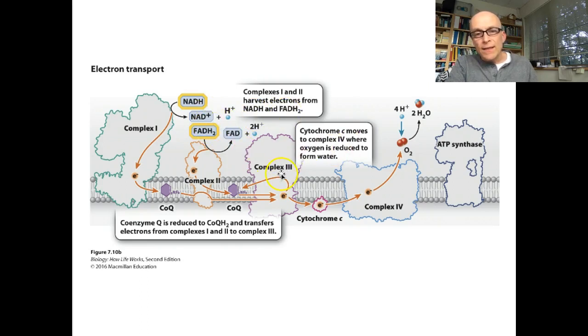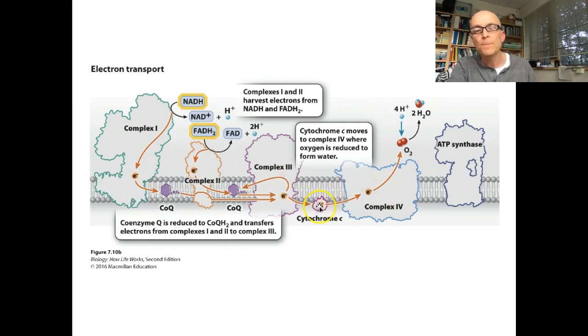So then this little guy in between, cytochrome C, moves to complex 4, where oxygen is reduced to form water. And when I say it moves to complex 4, it really means it takes the electrons from complex 3 and moves them to complex 4.